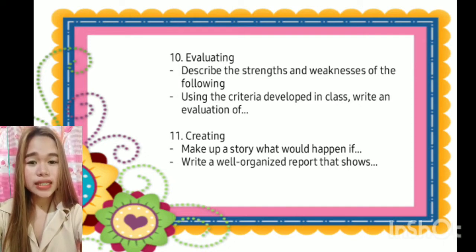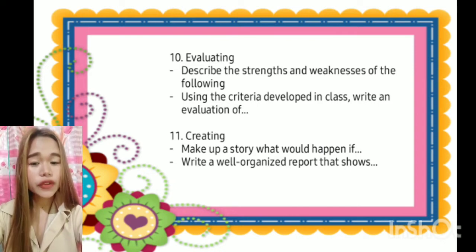So what we did is check our mango plants every day and record its progress. The same thing in this type, which is evaluating. In order for you to answer, you must observe and write your observations on your paper.